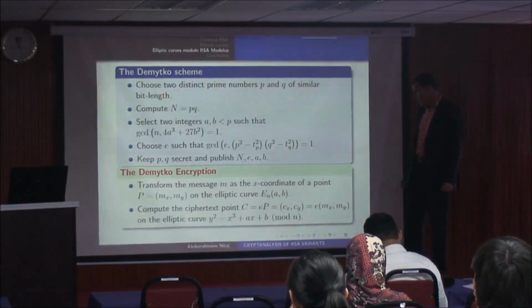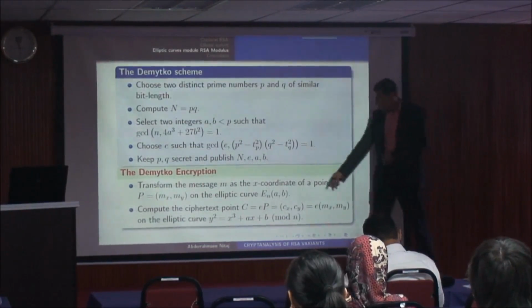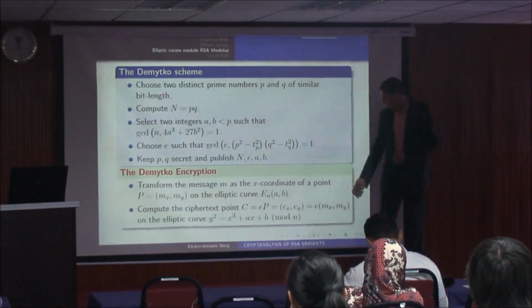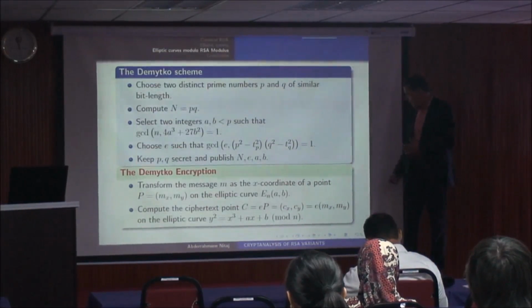Then we can compute the ciphertext C as the product of A times P, and this will be Cx and Cy.